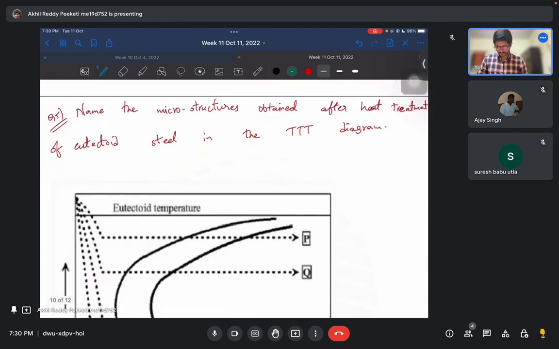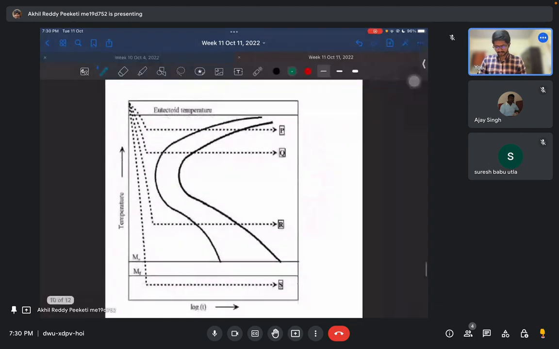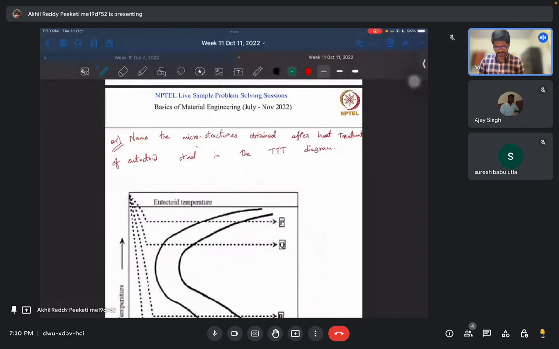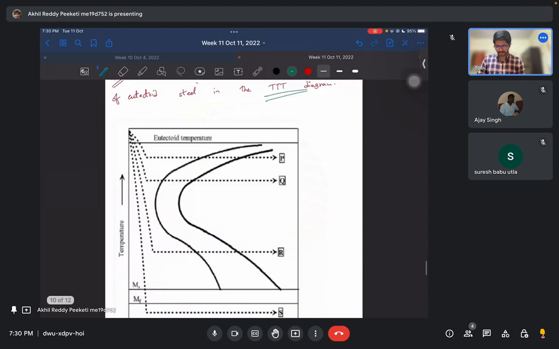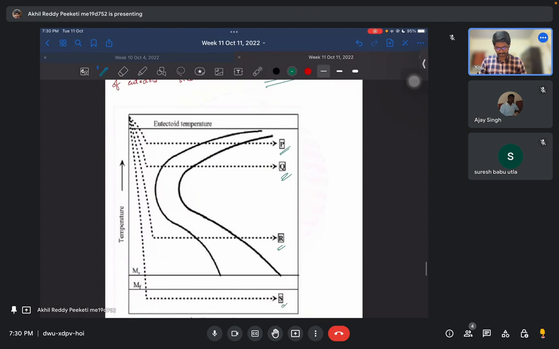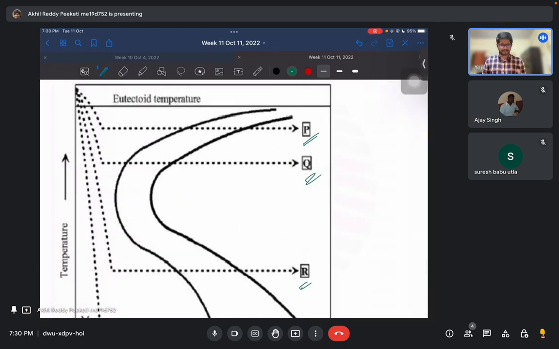Okay, so this is a TTT diagram, a very rough diagram. The question is, name the microstructures obtained after heat treatment of eutectoid steel in the TTT diagram. So these are the four paths of cooling someone has followed.